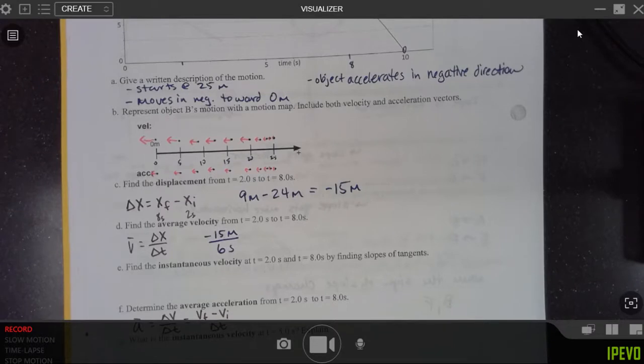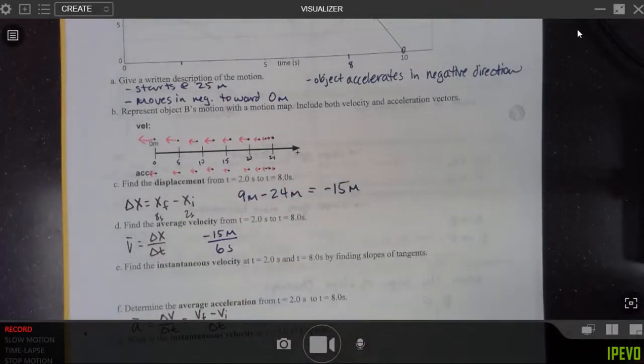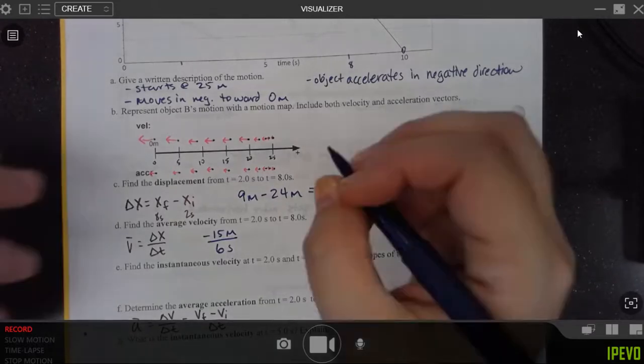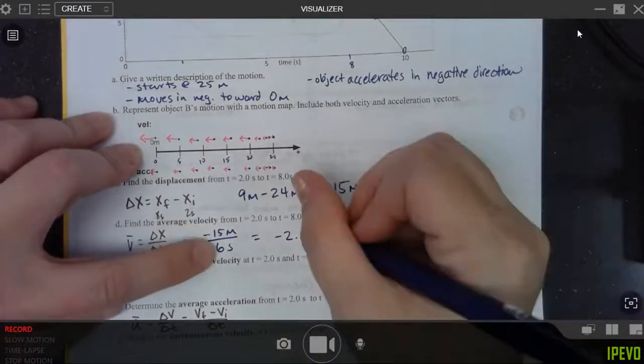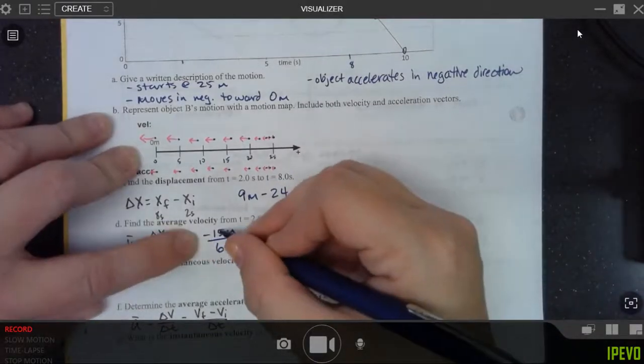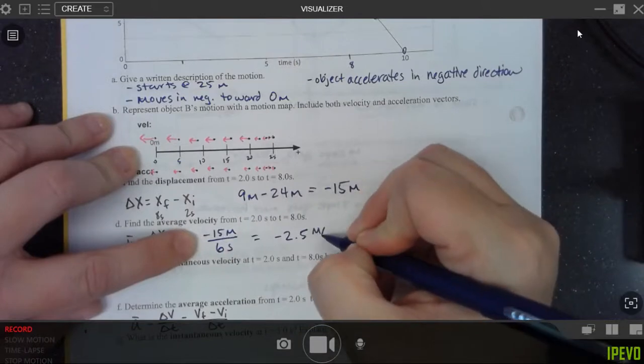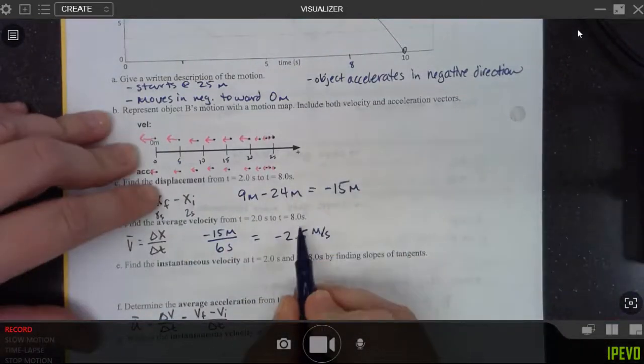So minus 15 divided by 2. Why did I do divided by 2? Divided by 6. Yep. So I got minus 2.5. And the units for that are going to be the same as the units that we used in the calculation. So it's going to be minus 2.5 meters per second. That's our average velocity.